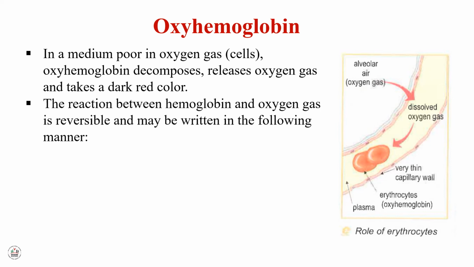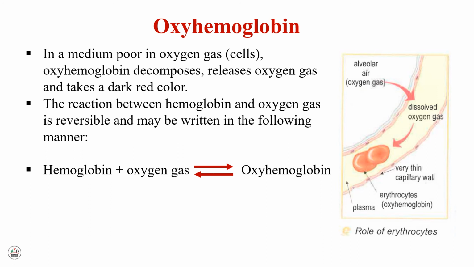The reaction between hemoglobin and oxygen gas is reversible and may be written in the following manner. Hemoglobin plus oxygen gas forms oxyhemoglobin. وممكن الأكسيهيموغلوبين بالطريق العكس إنه يتفكك، يعمل decomposes ويطلع عندي ريليز للأكسجين غاز والهيموغلوبين.